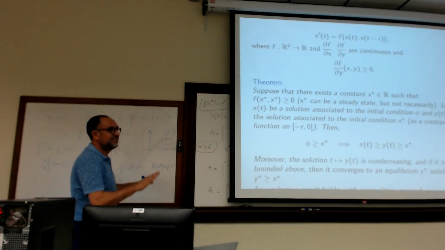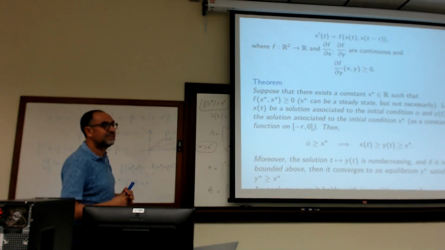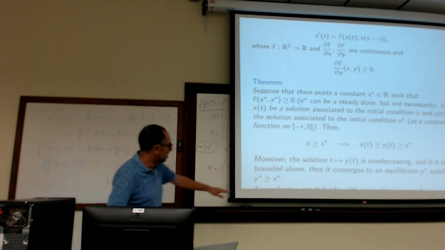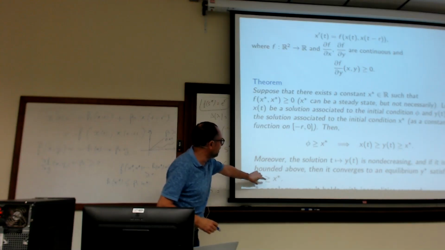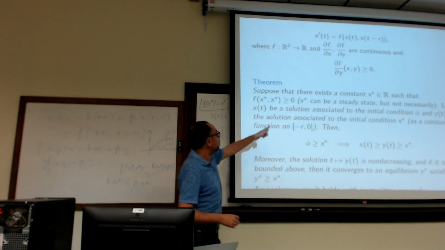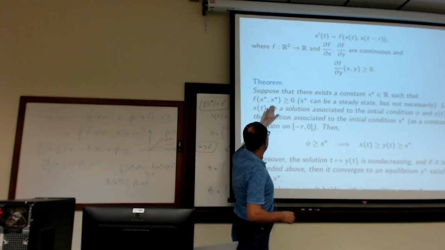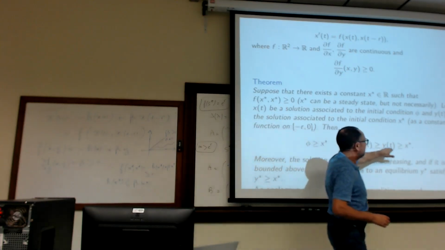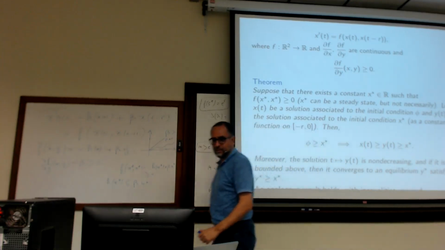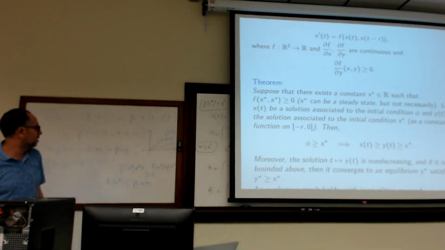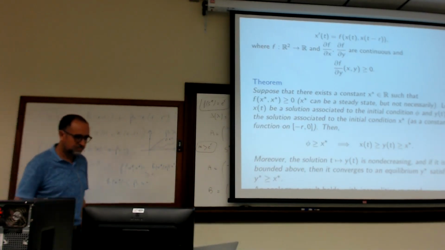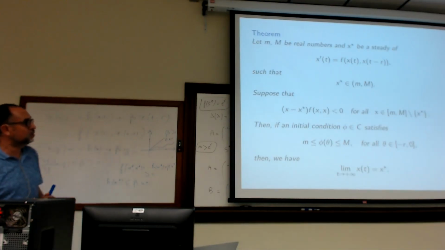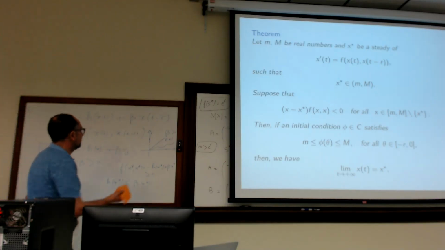If it's monotone, it solves everything. You will see the result after. Here we cannot see it, but we also have the opposite, with the same condition. If you have phi less than x star, you will have the inequality in the other direction. This is the result related to this assumption.